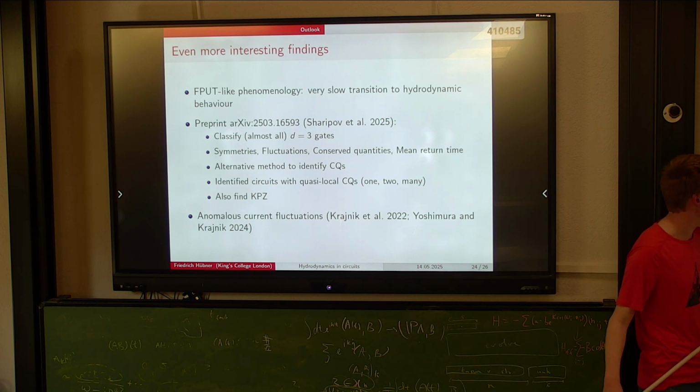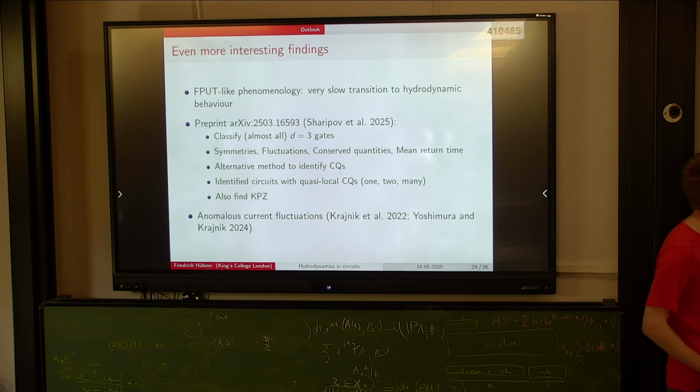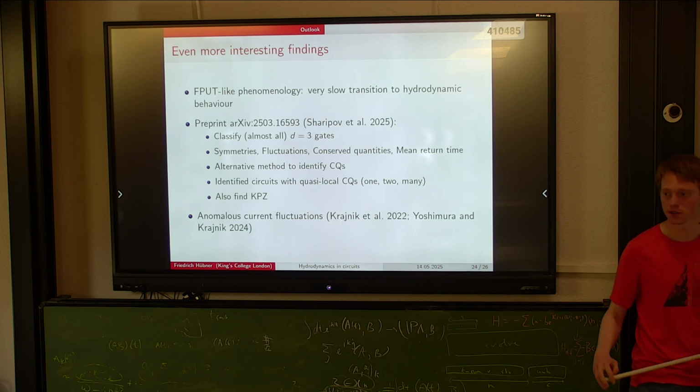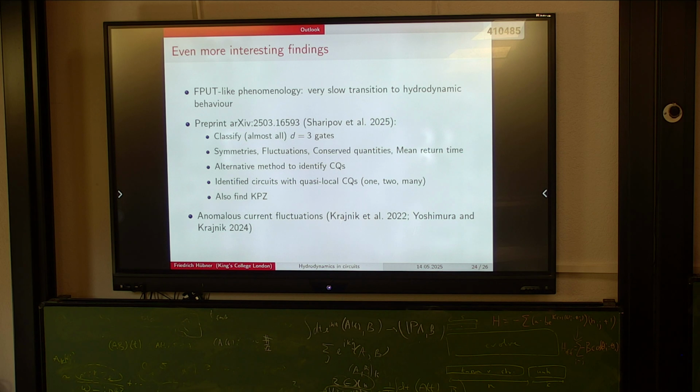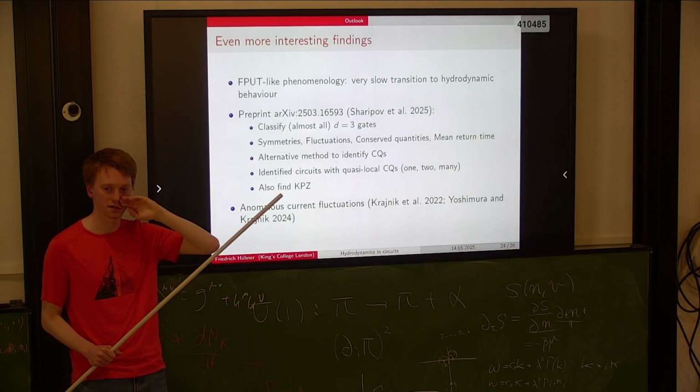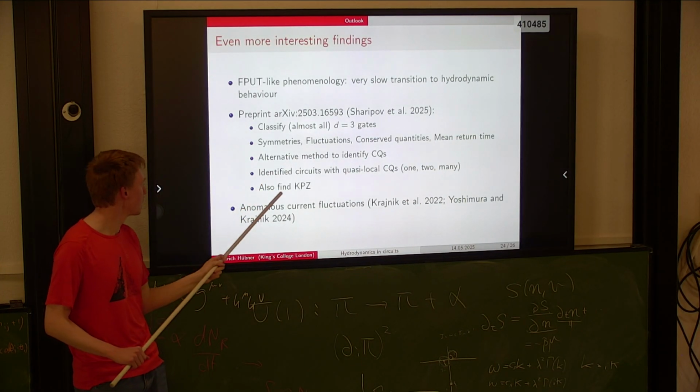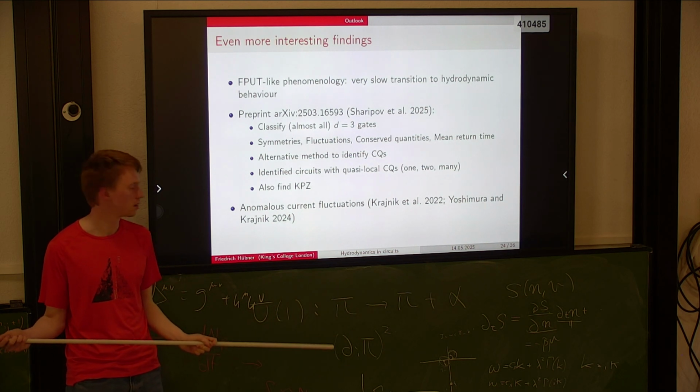They have an alternative method to identify the conserved quantities, which allows them to also identify circuits with quasi-local conserved quantities. And they actually have some which have 1, 2, and also many of these quasi-local conserved quantities. And they also find the KPZ scaling.